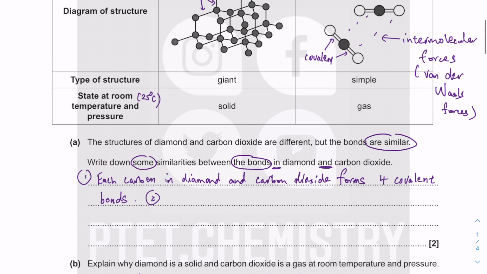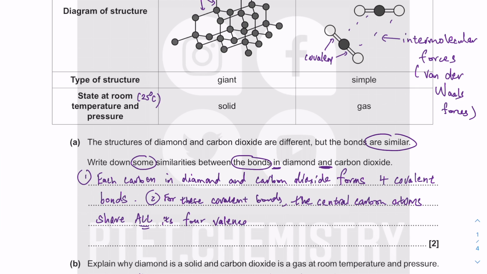I can probably talk about the sharing of electrons instead. Okay, for this covalent bond, the central carbon atoms share all its 4 valence electrons for forming covalent bond.